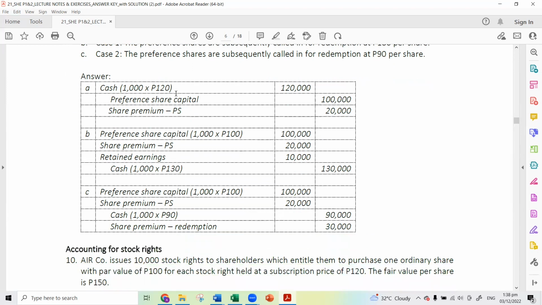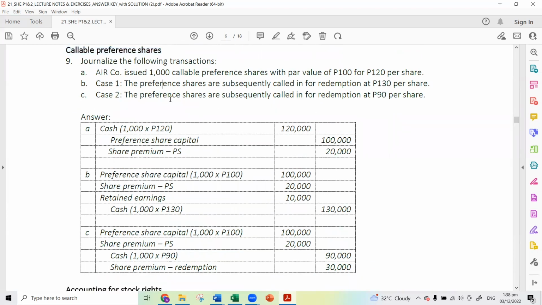So, using this illustration, ang pwede lang natin ipaliwanag dyan, the share capital and the share premium arising from the original issuance, ano mangyari dyan?